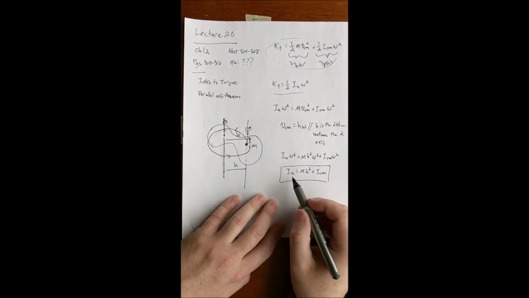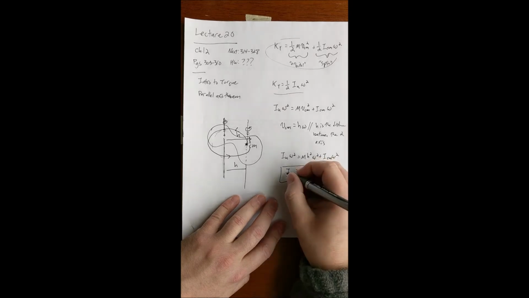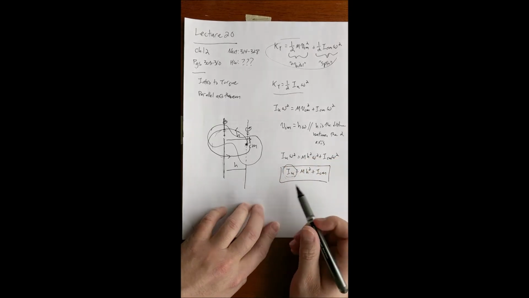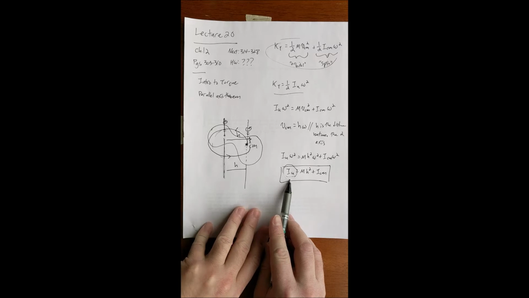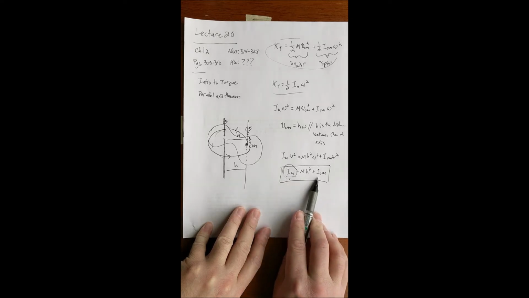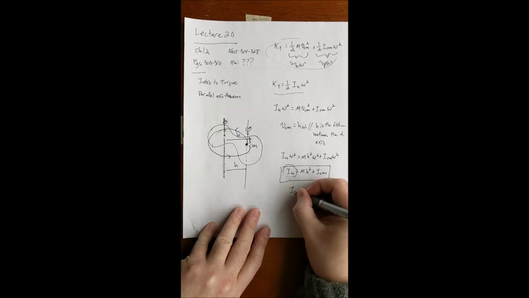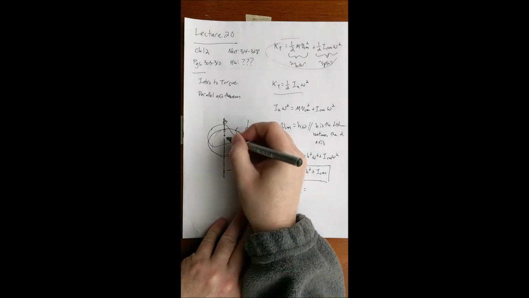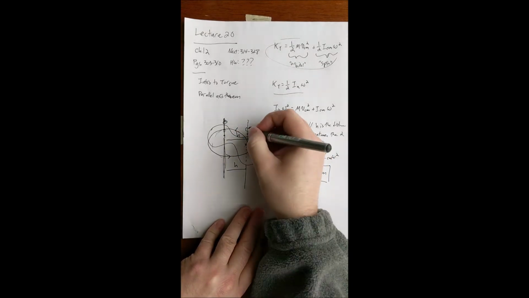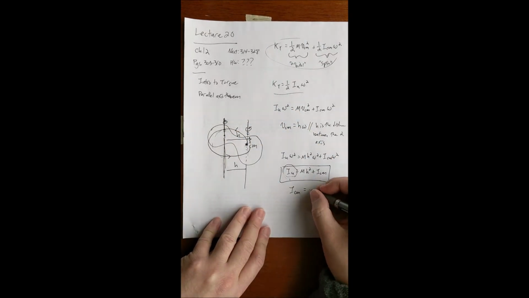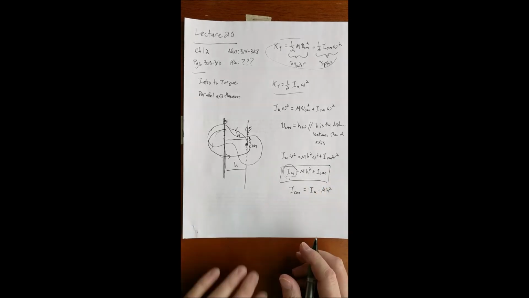It tells us the moment of inertia of an object with some new axis of rotation given the old axis of rotation moment of inertia, and we just have to add this M h squared. And of course we can invert this equation, in case for some reason we know this moment of inertia but not this one, and then we get I_CM equals I_u minus M h squared.